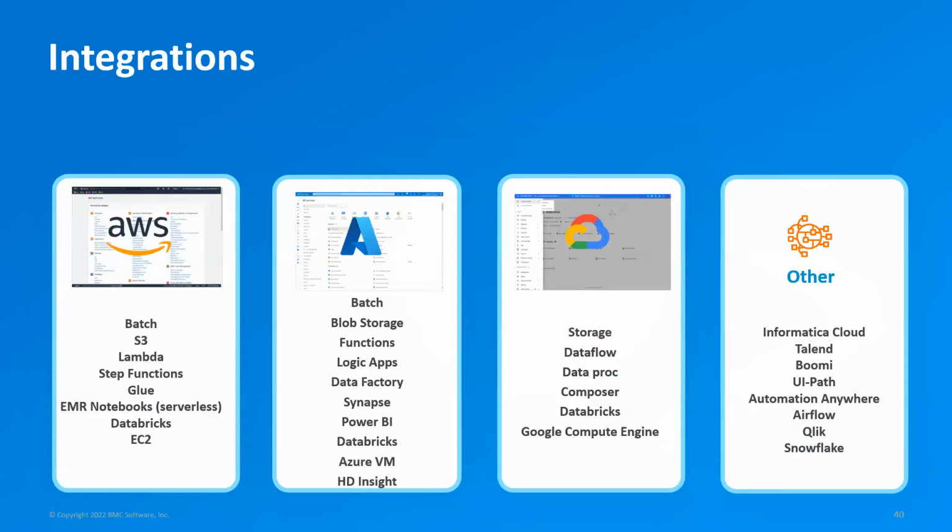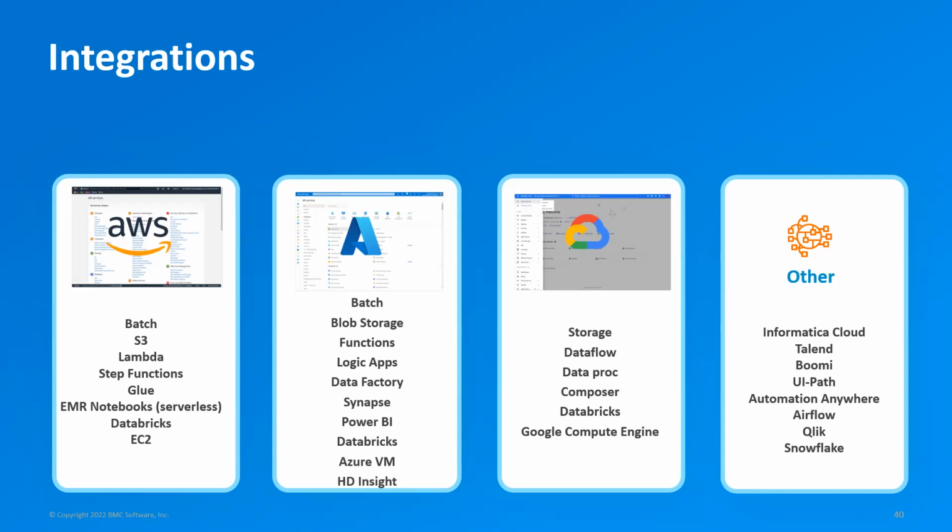Like we said earlier, when we talk about expanding our orchestration framework and landscape, specifically when it comes to the cloud, we provide integrations for all the major cloud providers, be it AWS, Azure, or Google Cloud.